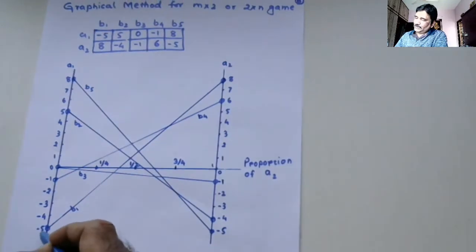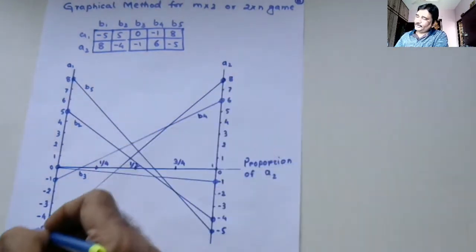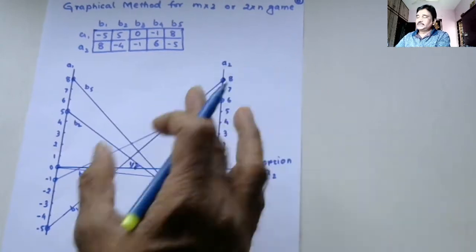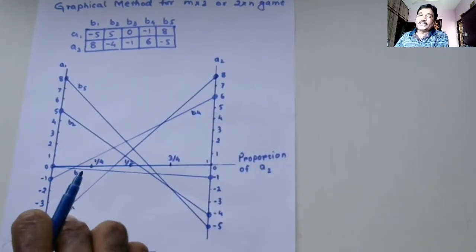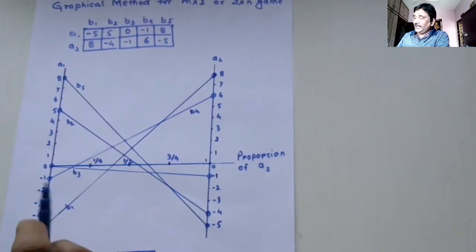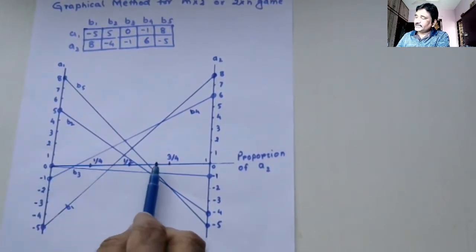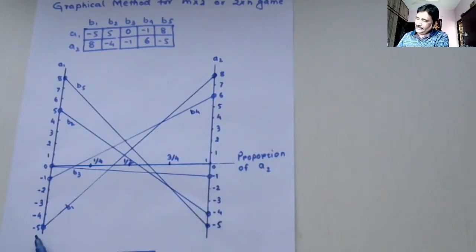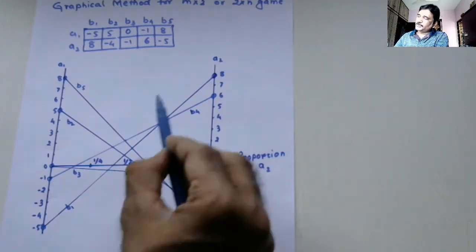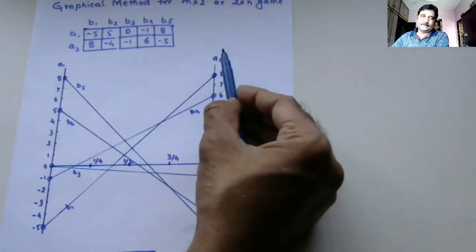Now, I join this line from -5 to 8. This is the gain line for player A if player B plays B1. Why? Because as the proportion of course of action A2 goes on increasing from 0 to 1, the gain to player A will increase from -5 to 8 linearly.